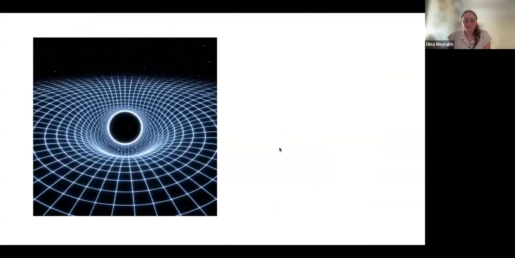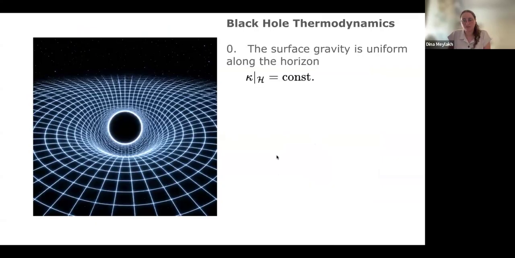So first consider a Schwarzschild black hole. The Schwarzschild black hole follows the laws of black hole thermodynamics. The zeroth law is that the surface gravity is uniform along the horizon. The first law is that the variation of the mass is proportional to the surface gravity times the variation of the surface area of the black hole.